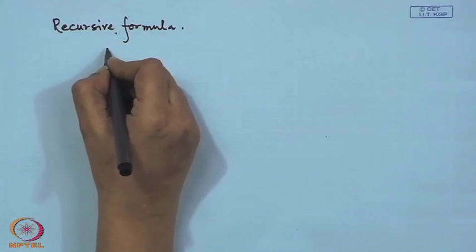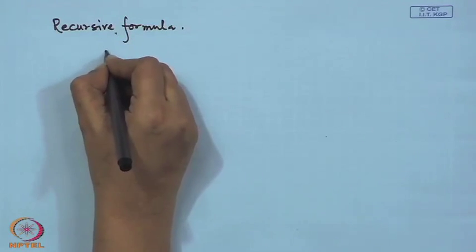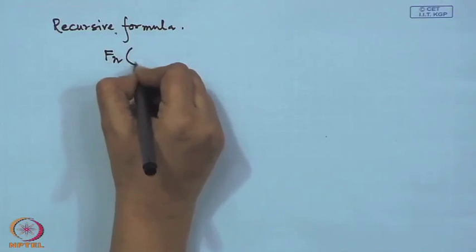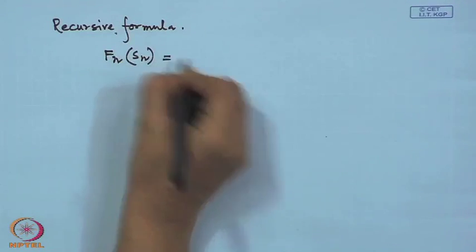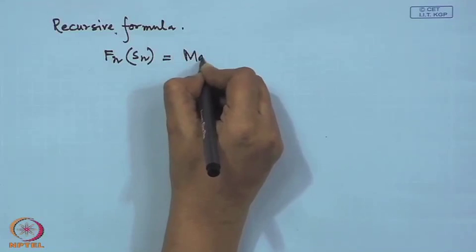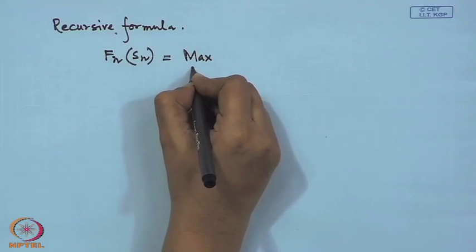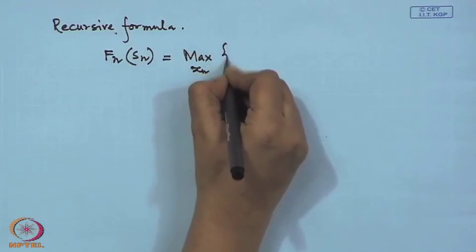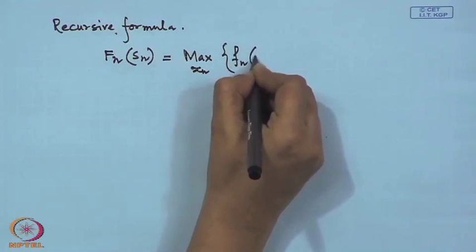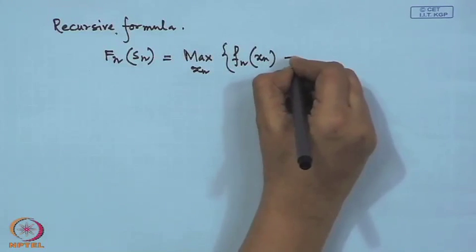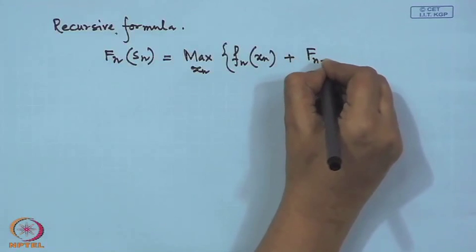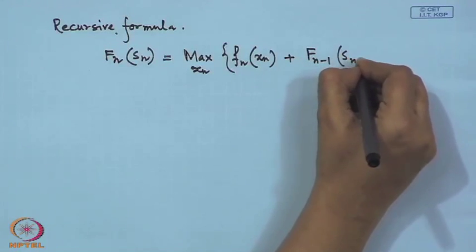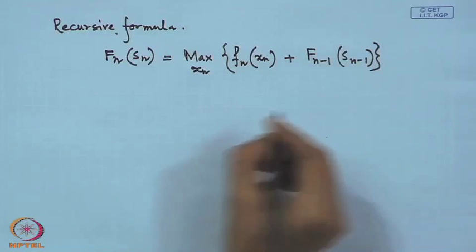That means the return from the nth state is equal to the maximization of f n x n plus f n minus 1 s n minus 1. That is the optimal solution.